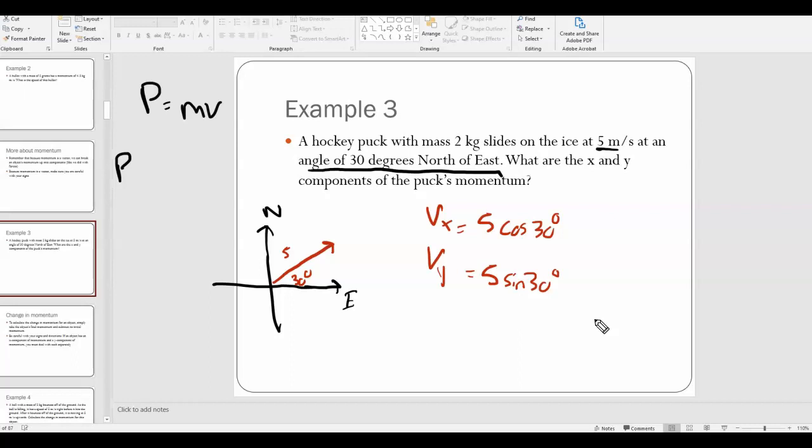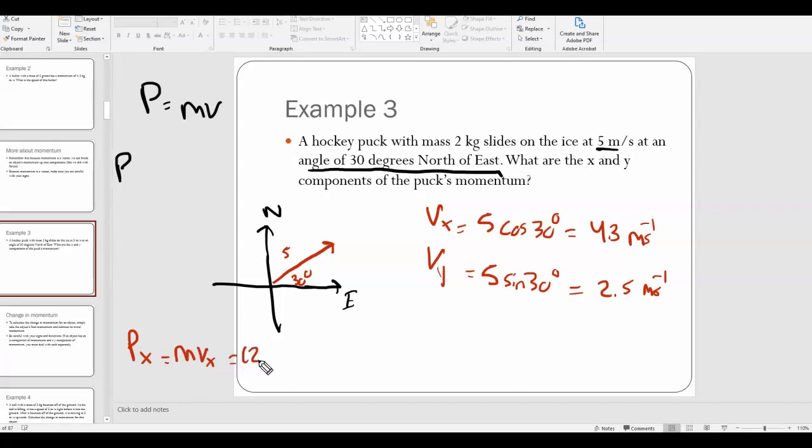And so I can find the components of the velocity vector. So I'm just going to get my calculator. All right, so 5 times cosine 30 is about 4.33. And so I can say Vx is about 4.3 meters per second. And then sine 30 is a half, and so 5 sine 30 would be 2.5 meters per second. Once I have the components of v, I can find px, the x component of the momentum, by doing the mass times vx.